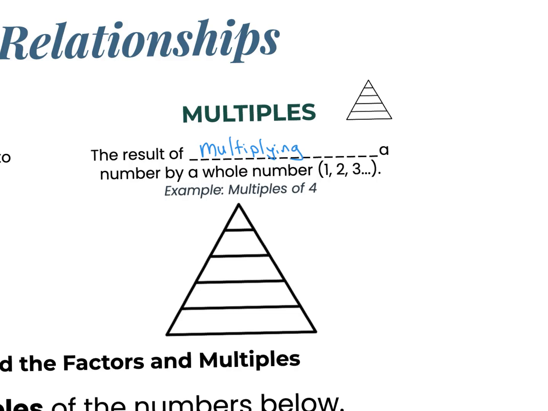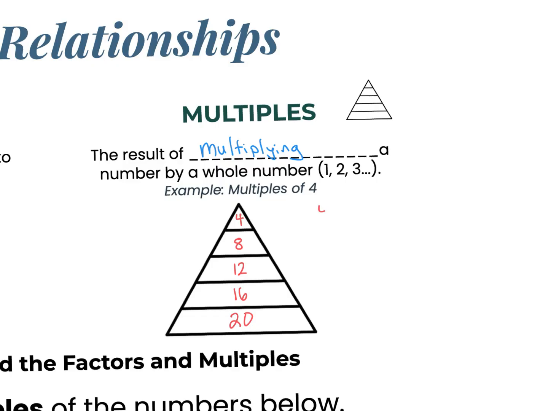So for example, 4 times 1 is 4. That's going to be the top of our pyramid. And then 4 times 2 is 8. 4 times 3 is 12. 4 times 4 is 16. 4 times 5 is 20. And all of these would be multiples.